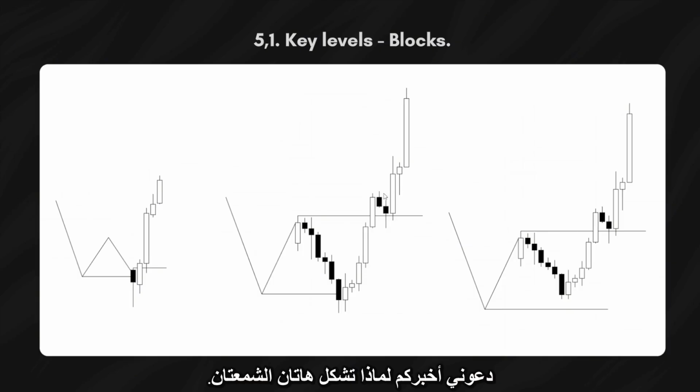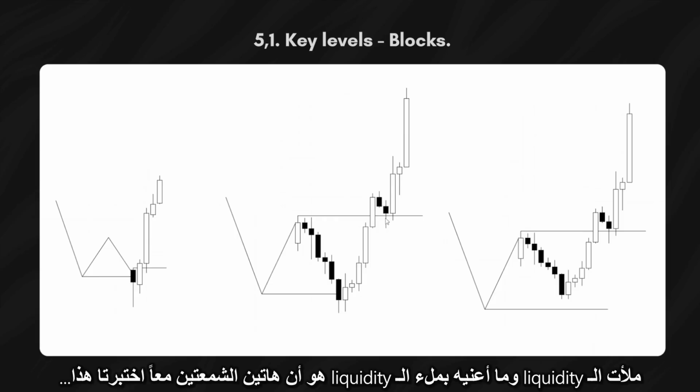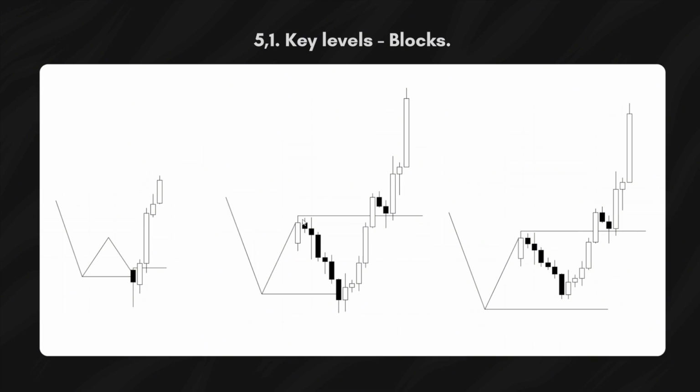So now let me tell you why these two candles make up an order block. The first thing is obviously its behavior. You can see that these two candles together filled liquidity, and what I mean by filling liquidity is that these two candles together tested this breaker block, meaning it filled liquidity.